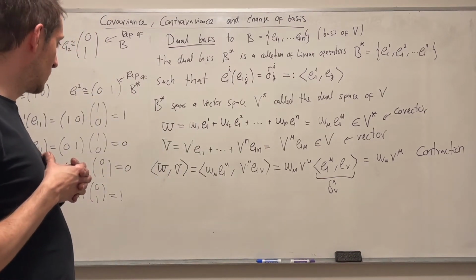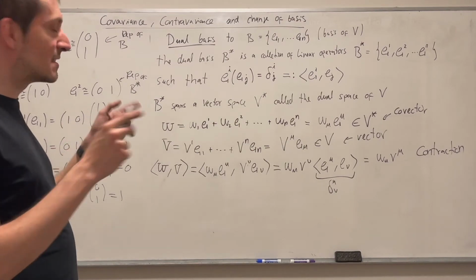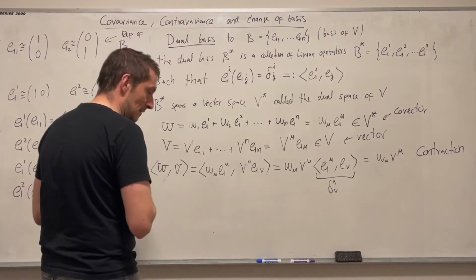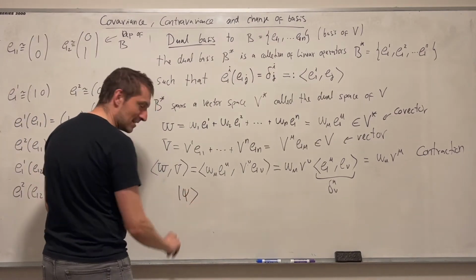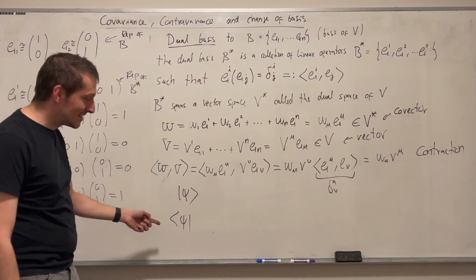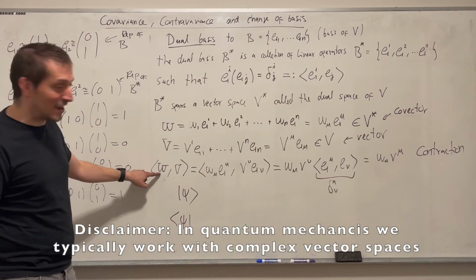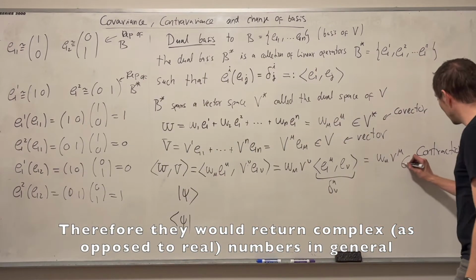All right, wonderful. By the way, what does that remind you of? It should remind you of the quantum courses you saw, because in quantum courses you have kets and you have bras. And what are bras? Bras take kets and return numbers. What are covectors? They take vectors and return real numbers.